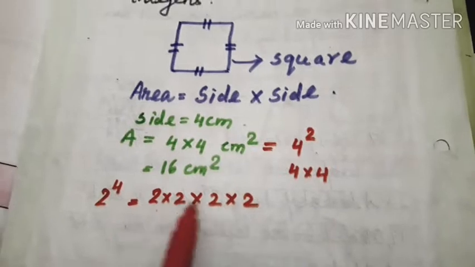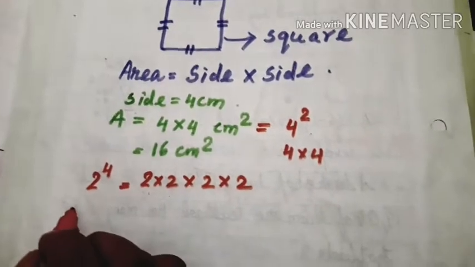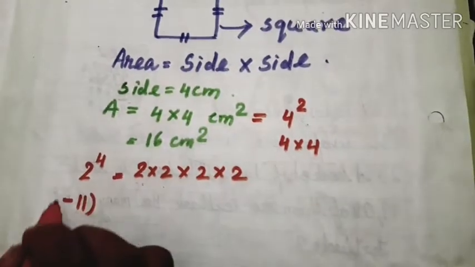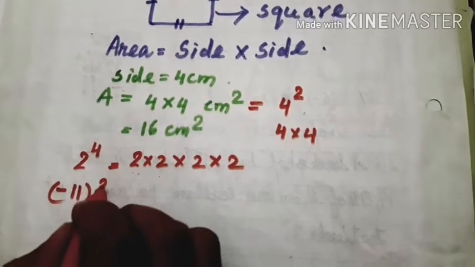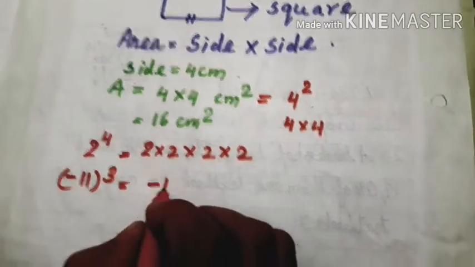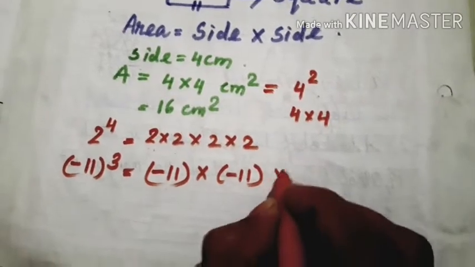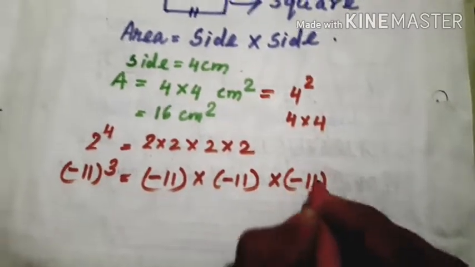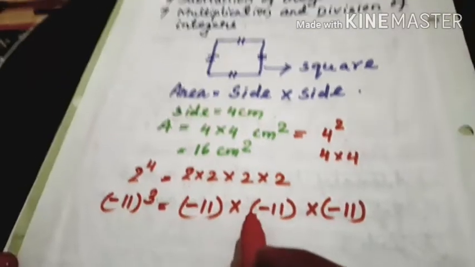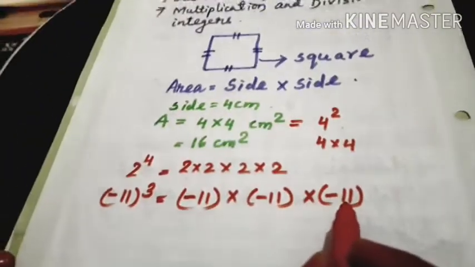Here 2 is multiplied 4 times. If I write minus 11 to the power 3, then I write minus 11 into minus 11 into minus 11. Minus 11 is multiplied by itself 3 times.